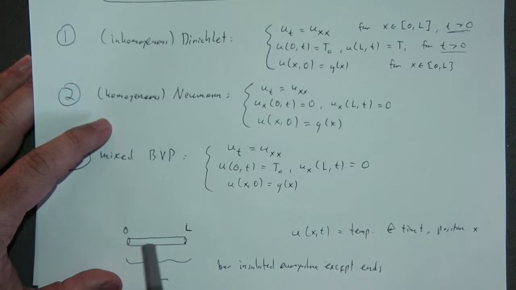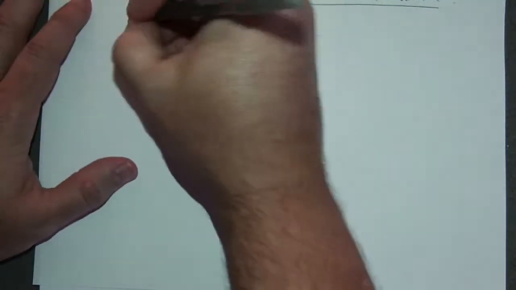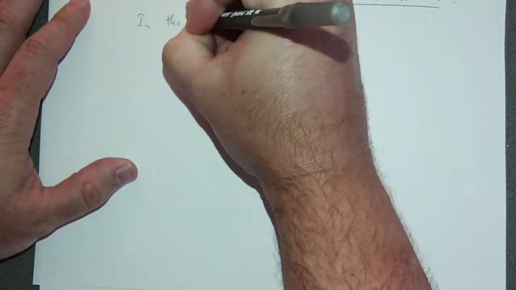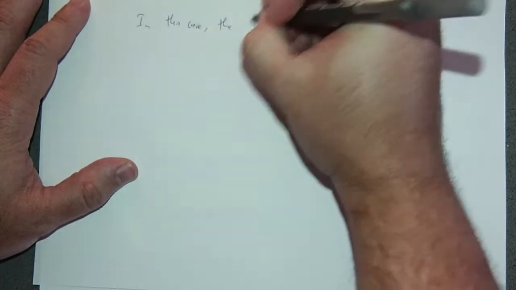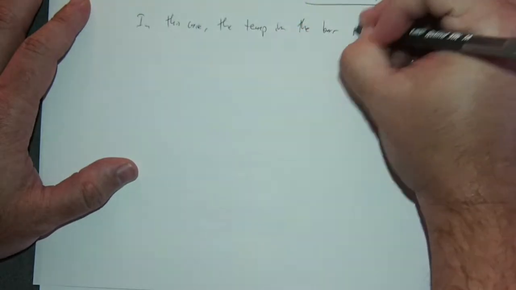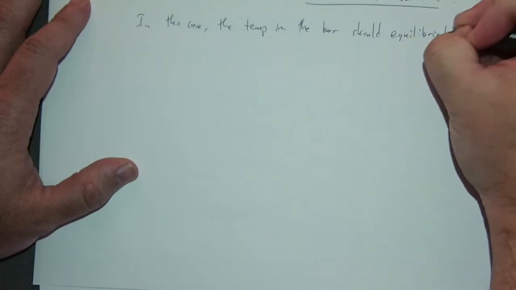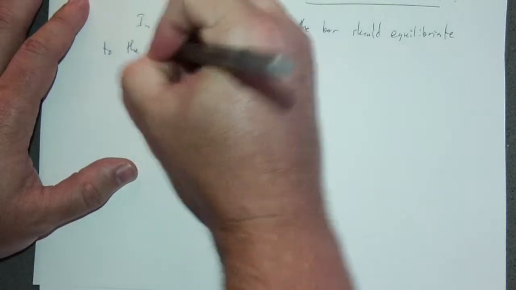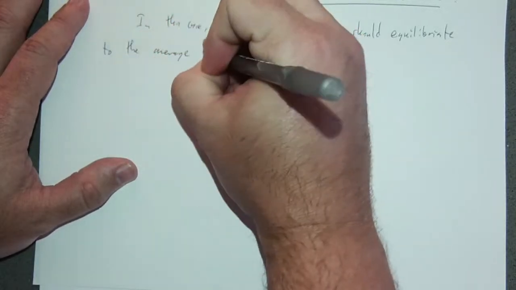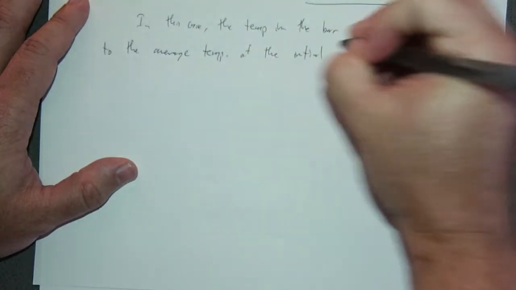The temperature in the bar should equilibrate to the average of this temperature distribution g. In fact, the temperature in the bar should equilibrate to the average temperature of the initial temperature distribution.